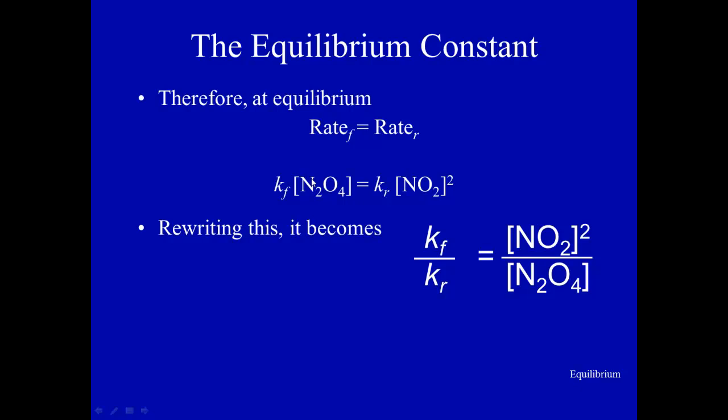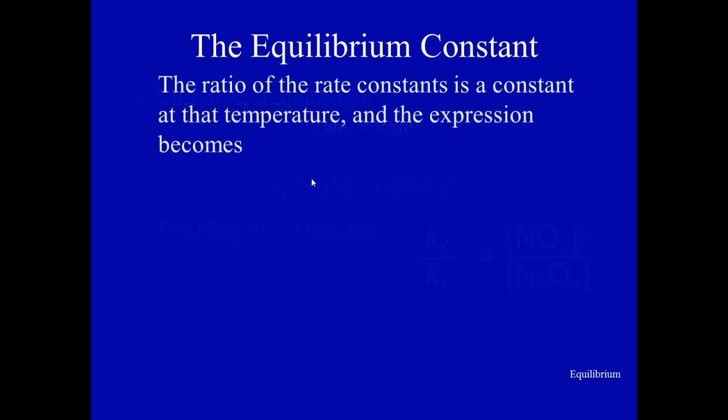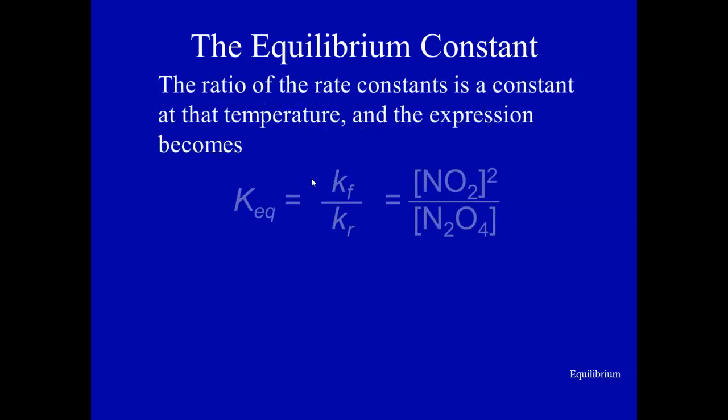But then we take it one step further and simplify that KF and KR into a single constant, KEQ. And notice at this point now, the K is capitalized instead of those lowercase k's that we were using in Unit 4.